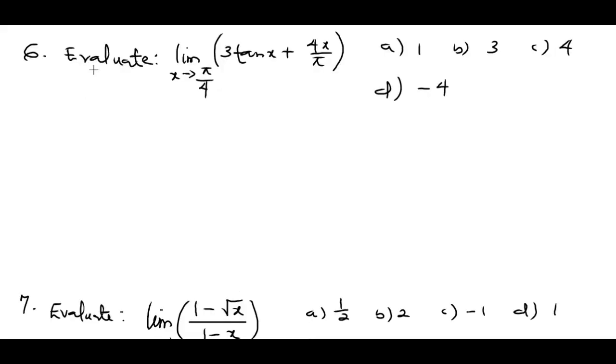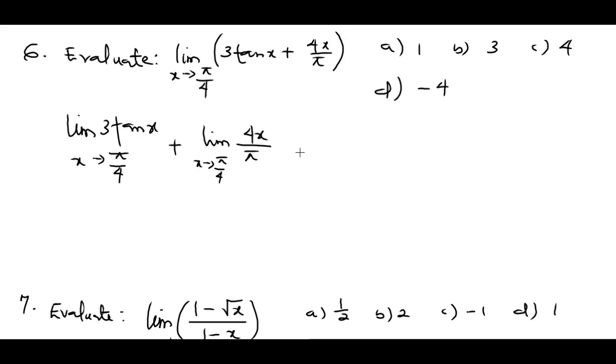So question 6, we have evaluate the limit of 3 tan x plus 4x over pi as x tends to pi over 4. So that will be the limit of 3 tan x as x tends to pi over 4 plus the limit of 4x over pi as x tends to pi over 4.